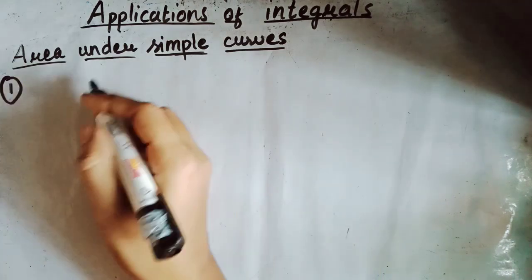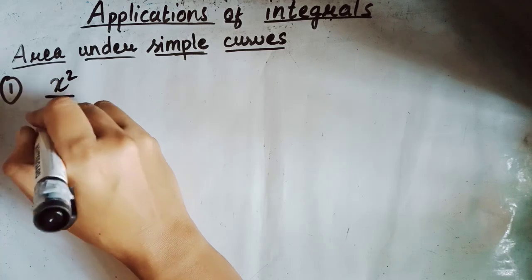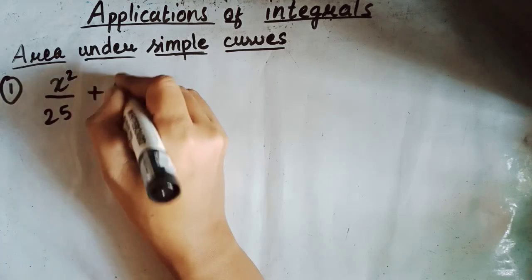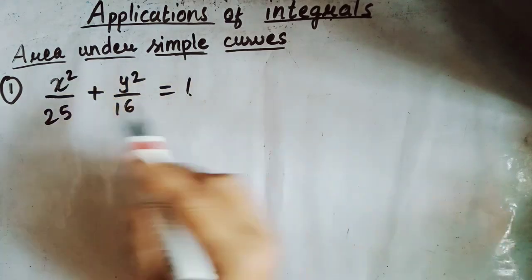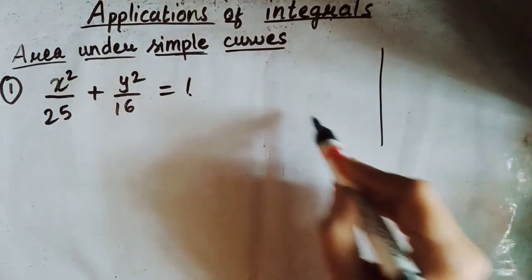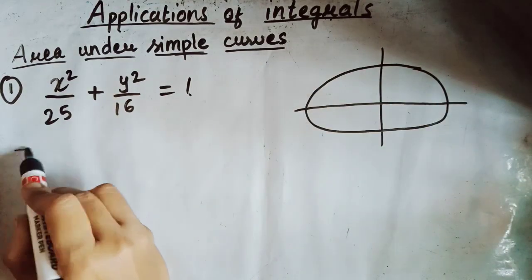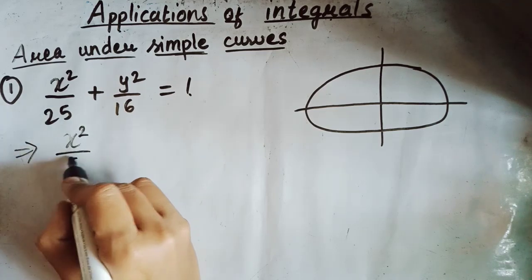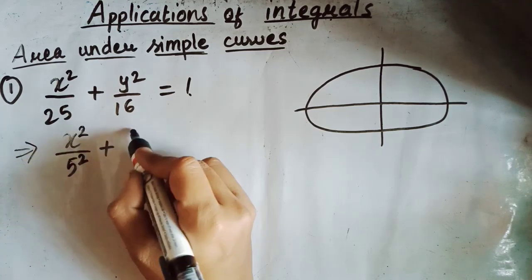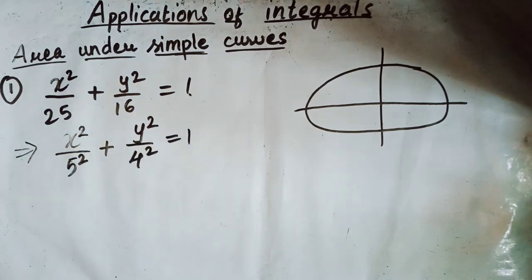Let's solve x square upon 25 plus y square upon 16 equal to 1. This is the equation of an ellipse. We have to write this in the form x square upon a square, so 5 square, plus y square upon b square equal to 1.